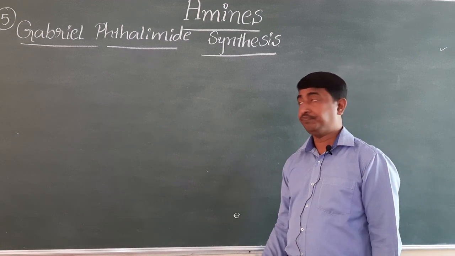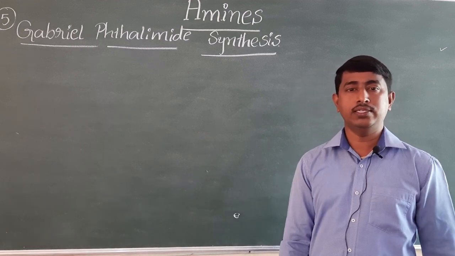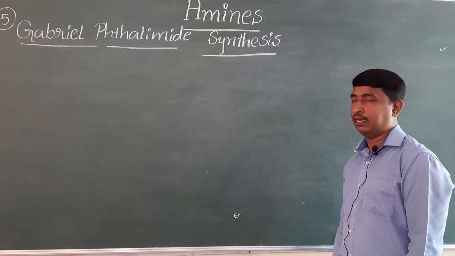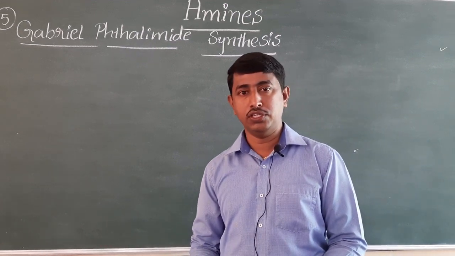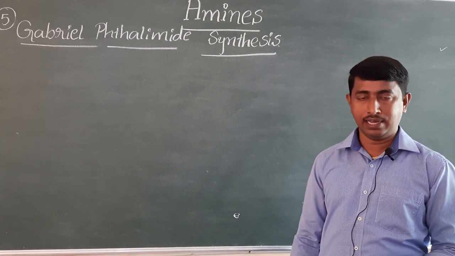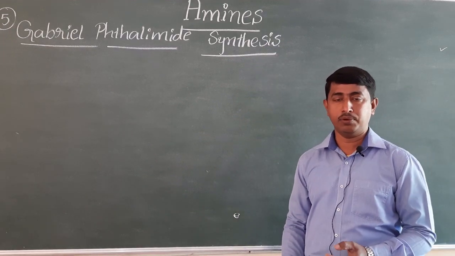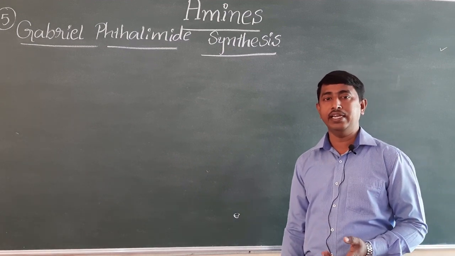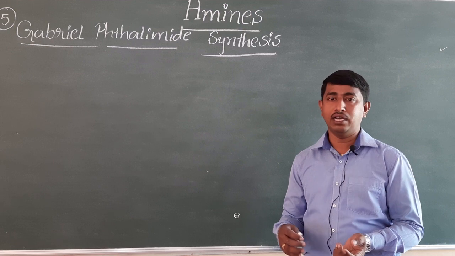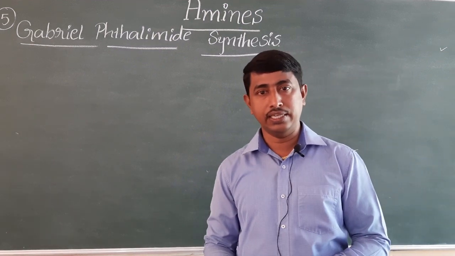Last, the fourth one which we studied in the last class, that is ammonolysis of alkyl halides. Ammonolysis means cleavage of the carbon halogen bond of an alkyl halide by adding ammonia. In that method we heat an alkyl halide with ammonia at a temperature of 373 Kelvin in a sealed tube.